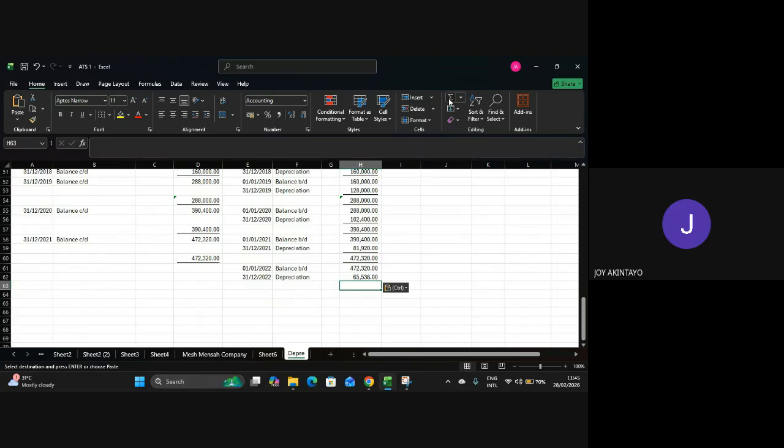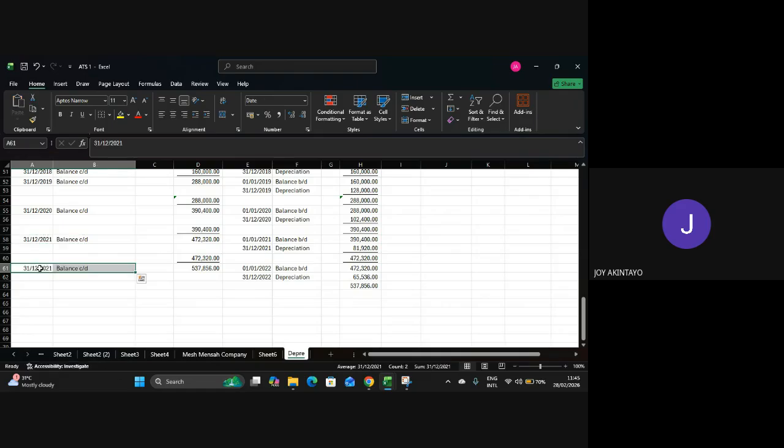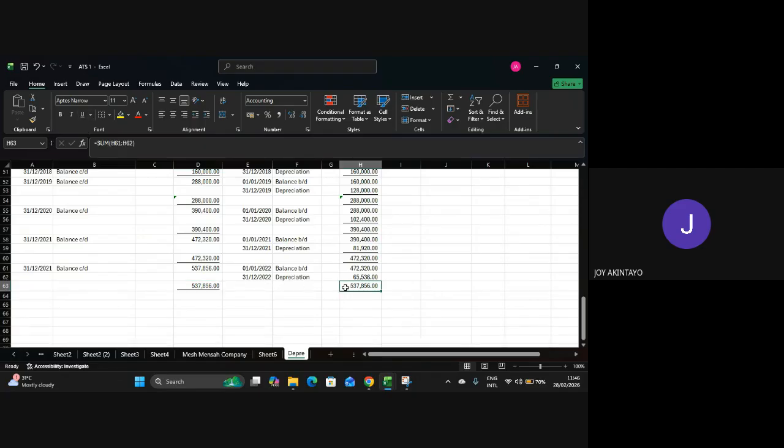So you bring your value here, the balance carried down. Do you understand? So that is 2022.